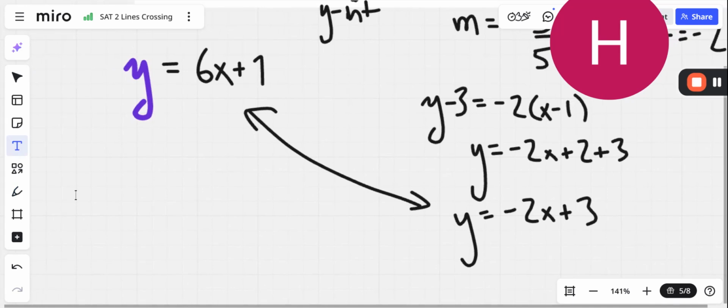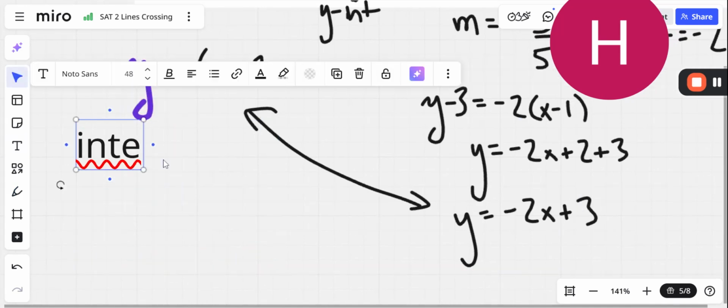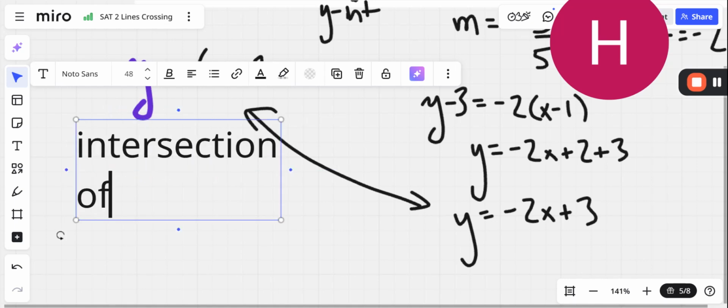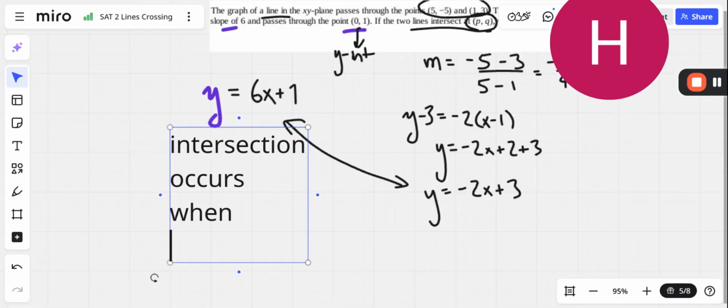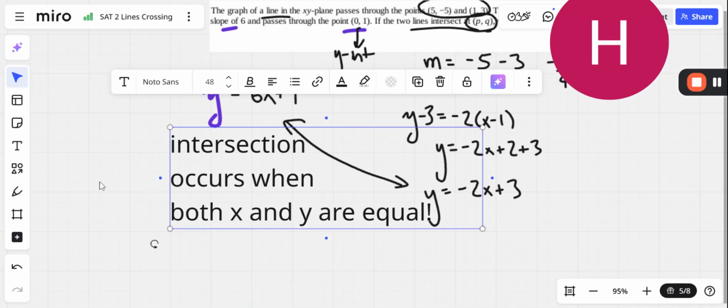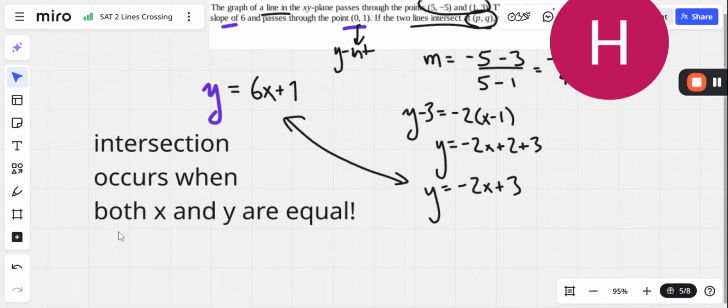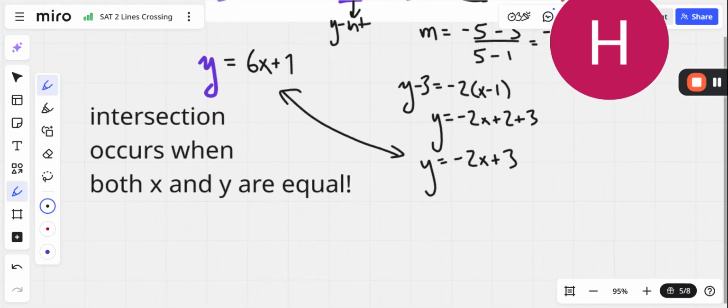And remember that intersection occurs when both x and y are equal. So because of that, we can set both of these equations equal to each other.